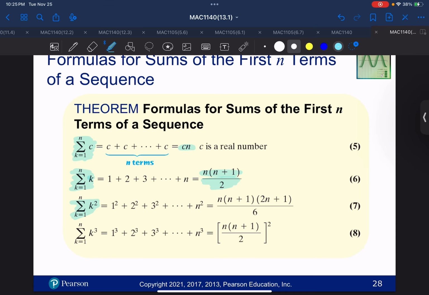And so this has a formula as well. And the last one is the summation of k cubed, which is equal to n times n plus 1 divided by 2, and then all of that squared. So the same thing as the previous one, but everything is squared.